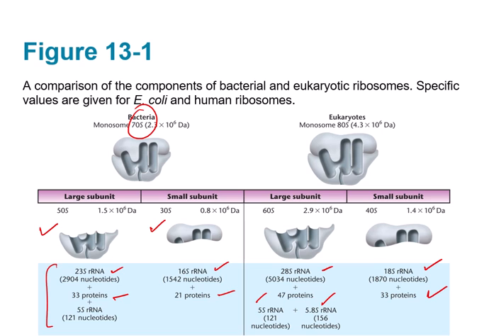The small subunit has 33 proteins, and the large subunit has more proteins than the large subunit of prokaryotes, which is 47. So the number of proteins and ribosomal RNA molecules are part of the ribosomes, which are ribonucleoproteins. They consist of RNA as well as proteins.